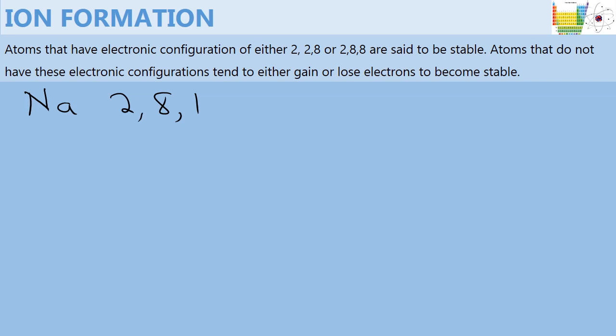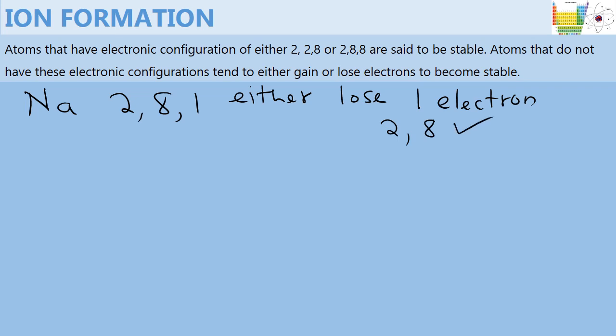For sodium to become stable, it requires either to lose 1 electron, and therefore, since it has lost the outermost electron, it will just be 2, 8, which is a stable configuration.